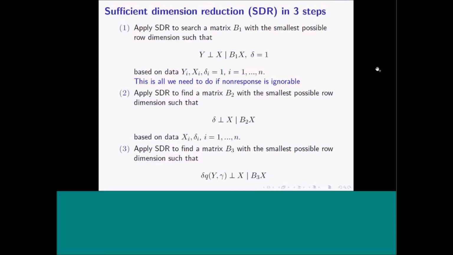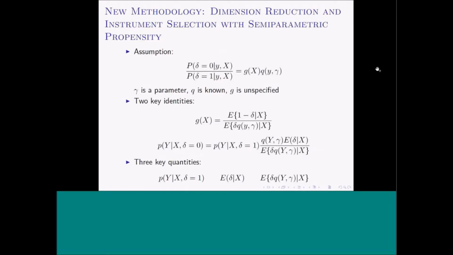Because if we have an ignorable situation, under my assumption, ignorable means that this Q function is constant and doesn't depend on Y. Therefore all of the things cancel, and the two densities in the third last line are the same, and that factor is equal to 1.